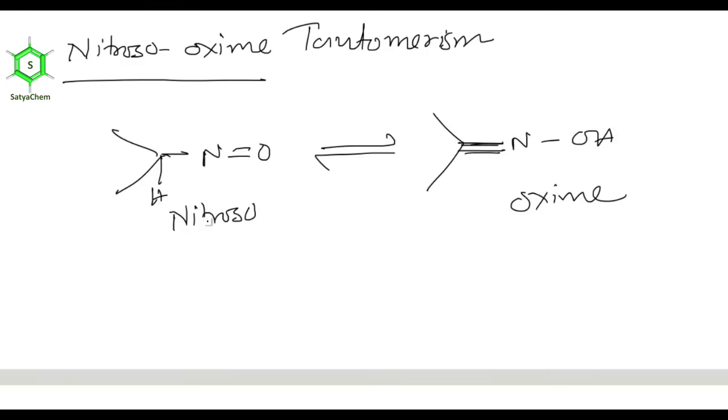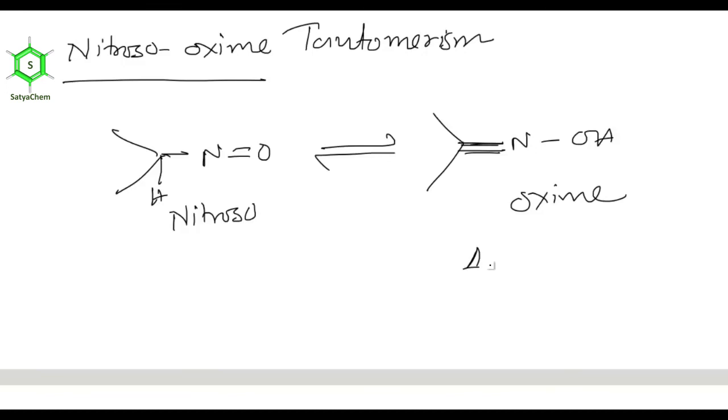This process is exactly like enolization of carbonyls, but here it uses the N double bond O group instead of the C double bond O group. Here the equilibrium will try to remain towards the oxime form. Because why? We know that when delta H is negative, the process is feasible.